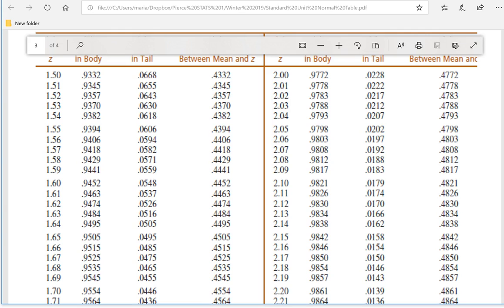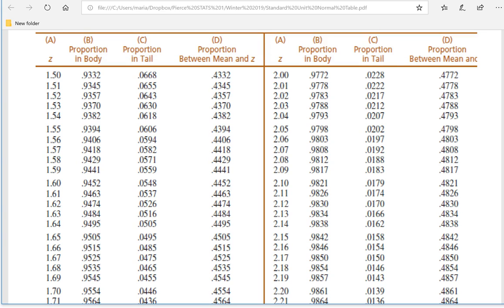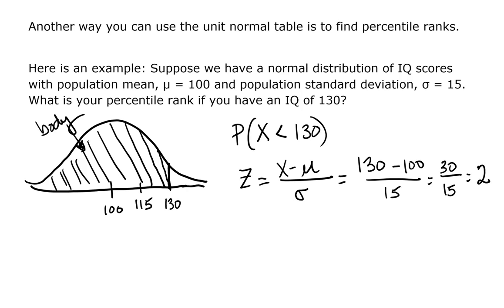So we go to the unit normal table. We look for a z of 2, which is right here. 2, proportion in the body, 0.9772. So let's go back to, so our percentile, so P is equal to 0.9772.